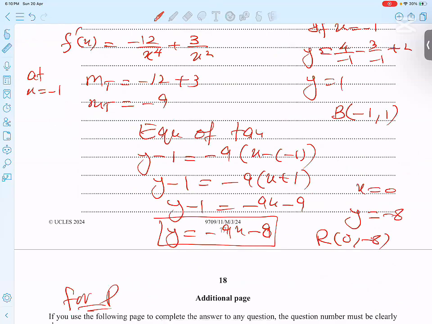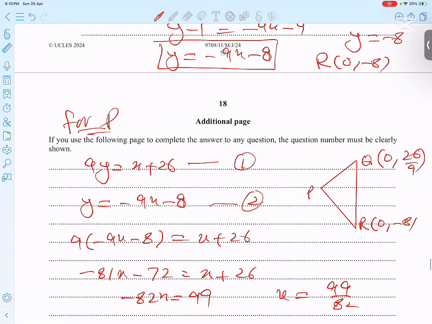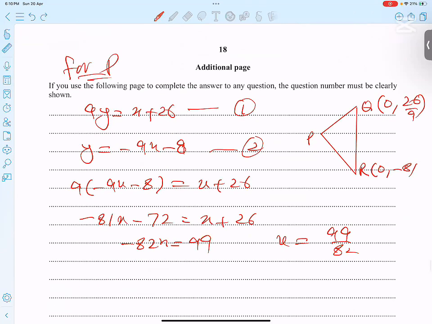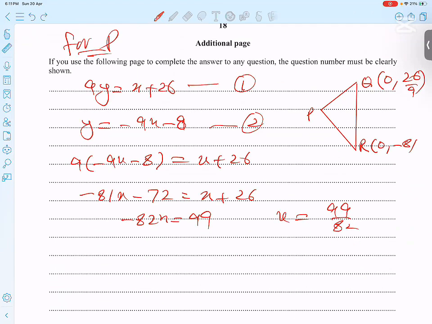This is all okay. Now I'm going to plug in this value here, and 9 nines are 81. 9 eights are 72. Okay, and then 72 goes there. 26 plus 72, I got 98. Sorry, this is a mistake. I covered it. This is 98, not 99. So this is 98.